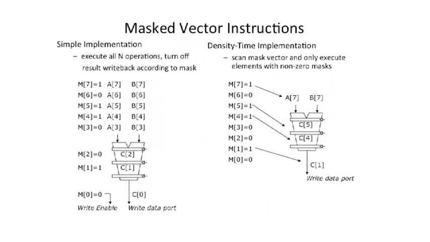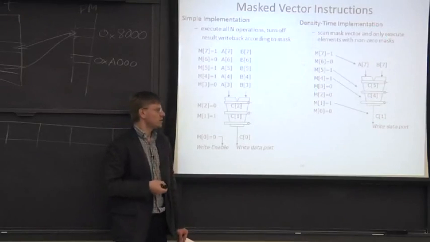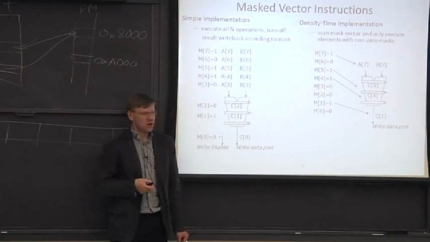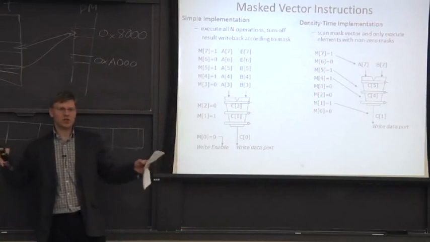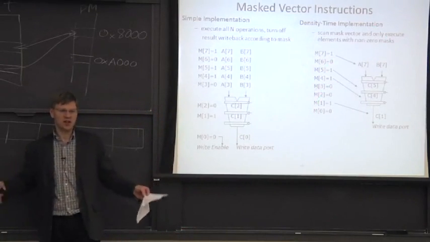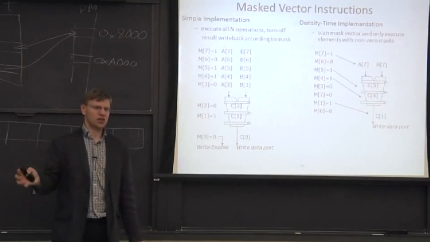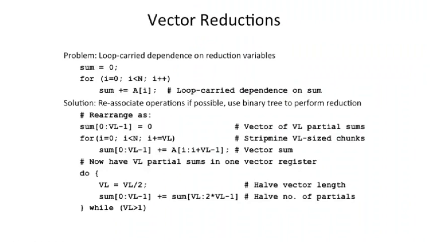Or you can have a much more fancy implementation which takes out the work that doesn't have to be done. But the control on this is quite a bit harder. And I would say that this is probably more common, just the simple implementation. This is harder largely because if you have the resources anyway, so if you have multiple lanes, it might just make sense to go execute and sort of annul the operation later.